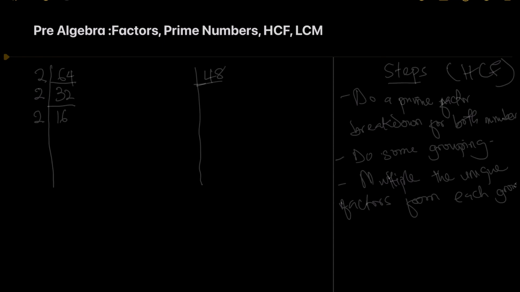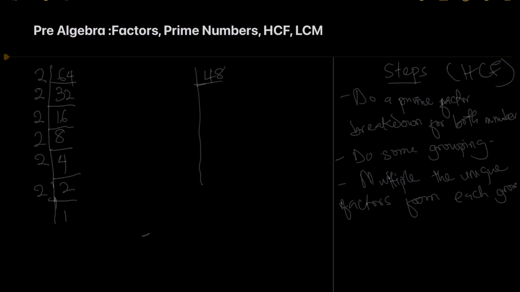Then another 2 still divides, 2 is still a factor of 16, so we get 8. Then 2 is still a factor of 8, so we get 4. Then 2 can divide through, and we get 2 this time around. And then 2 can still divide through, so we get 1. Basically, when we get to 1, then it's good to stop, right?